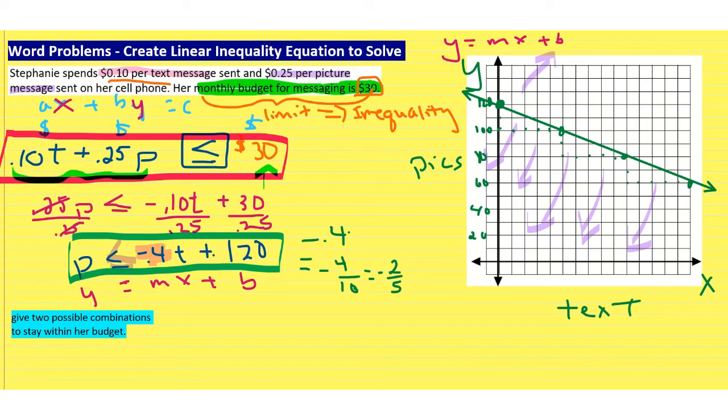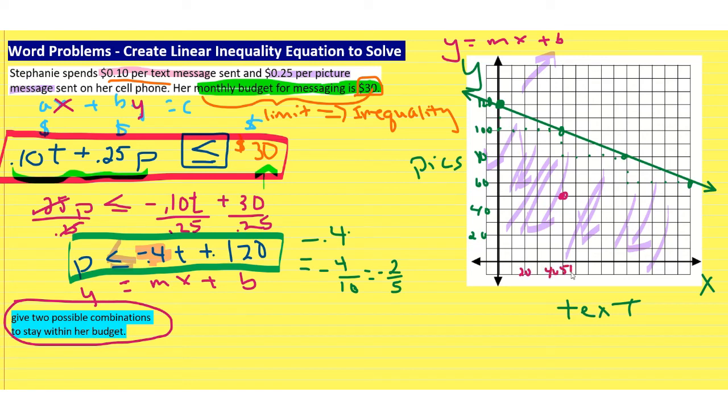So we can choose one, as that is one. Our next question says, give 2 possible combinations to stay within our budget. Well, we can literally choose any point we want in the shaded area, because all of this is going to be shaded. Okay, so let's figure out what this point is equal to. So this would also be 20 and 40.